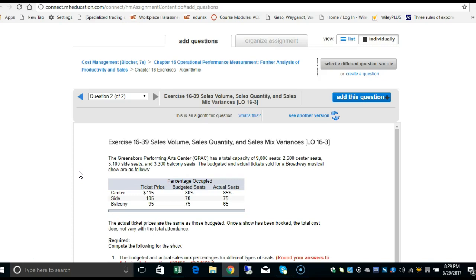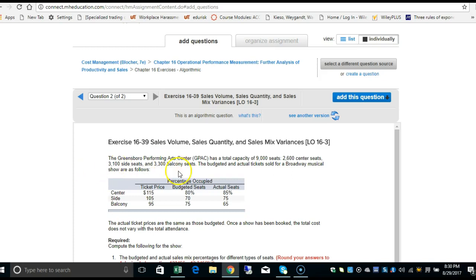On the actual seats, we sold 85% of the capacity of center seats, 75% of side seats, and 65% of balcony seats. So as you can see, we have our budgeted seats based on a percent of capacity, and the actual seats sold for that period based on a percentage of capacity.